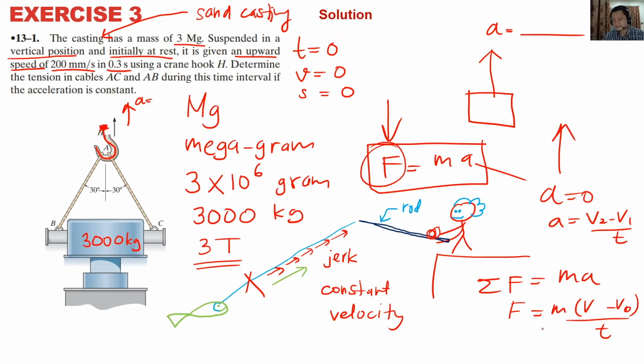You can play with velocity also. So the thing is, keep acceleration as low as possible, in order for you to not have a very high force that will break the line. Okay?